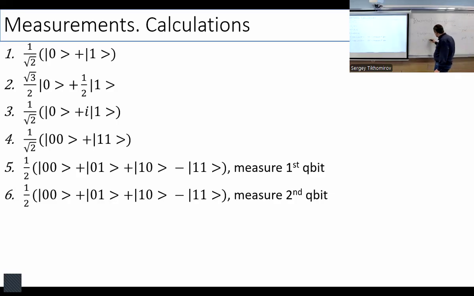So we need to put here 1 over square root of 2, and we divide this 1 over square root of 2 into 2 parts. This is my psi 0, and this is my A. And the same here: I write 1 over square root of 2, 1 over square root of 2. This is my psi 1, and this is my B.